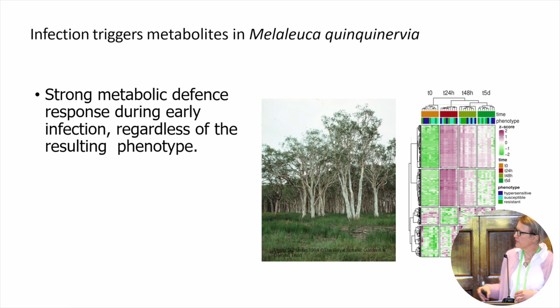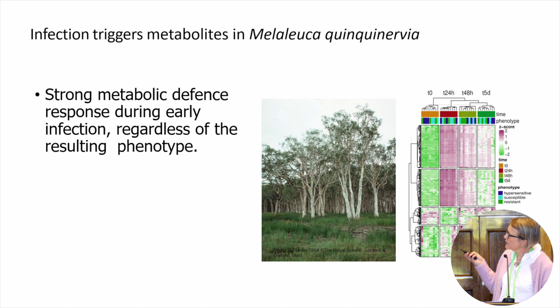The way this heat map works is that each row is one molecule that's been identified in the process, and the columns are individual samples.